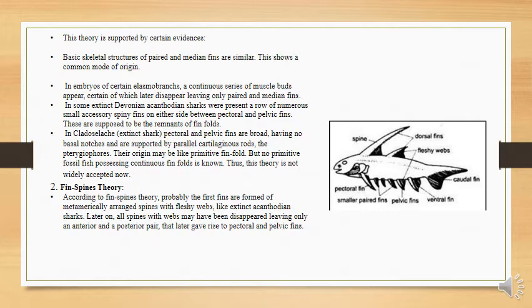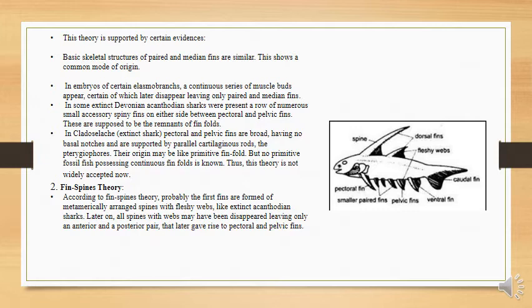In Cladoselache, extinct shark, pectoral and pelvic fins are broad, having no basal notch and are supported by parallel cartilaginous rods, the pterygophores. Their origin may be like primitive fin fold, but no primitive fossil fish possessing continuous fin fold is known. Thus, this theory is not widely accepted now.